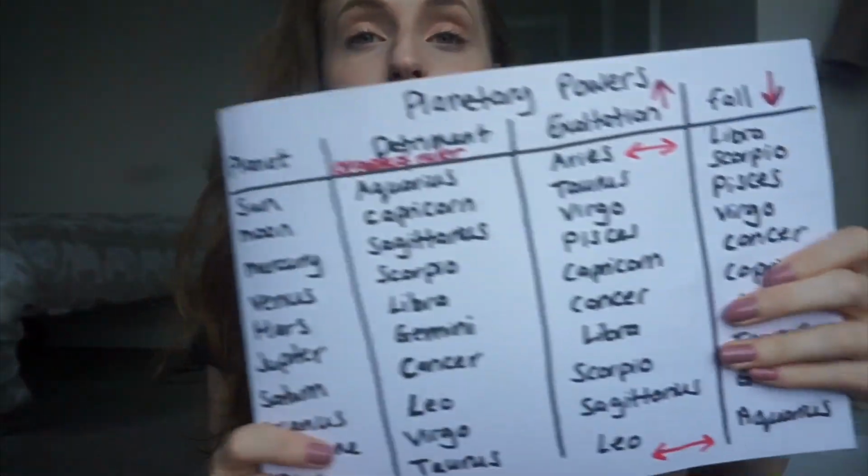So after creating for yourself some sort of table or diagram or whatever system you have of being able to remember all of that, then we're looking at the planetary powers. So addressing detriment, exaltation, and fall. And I've made this little table here as well.